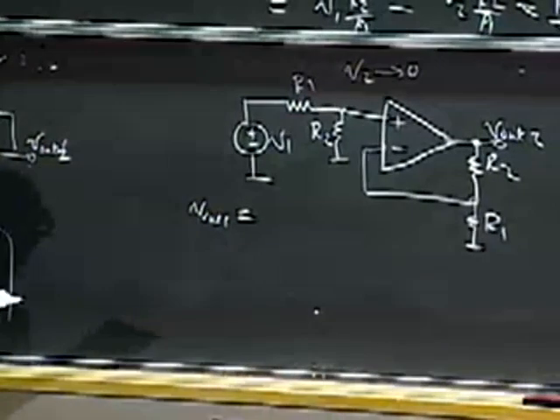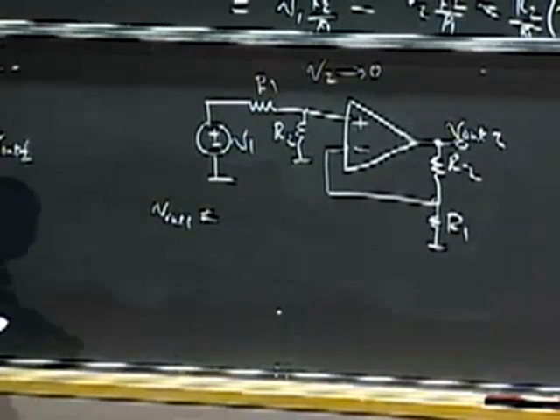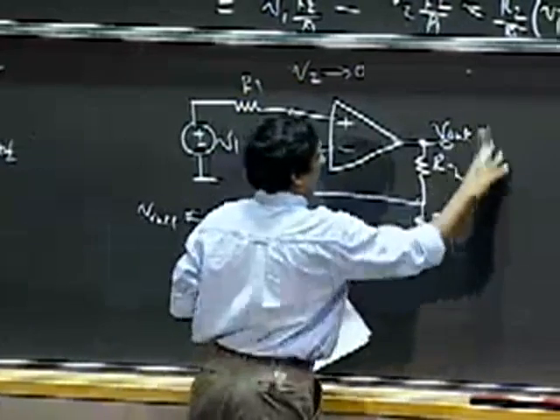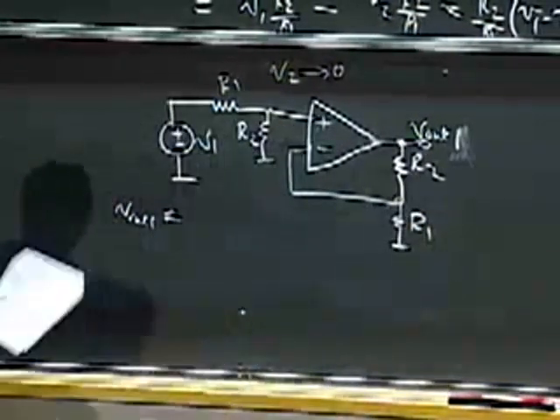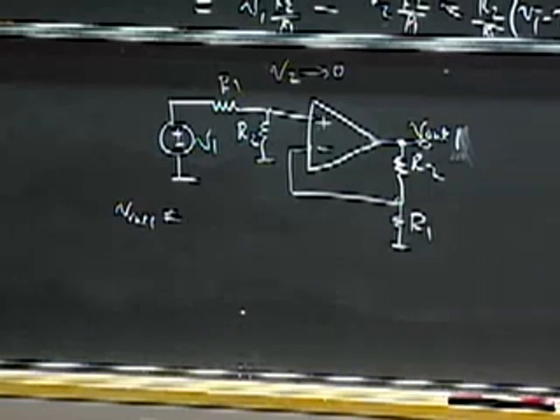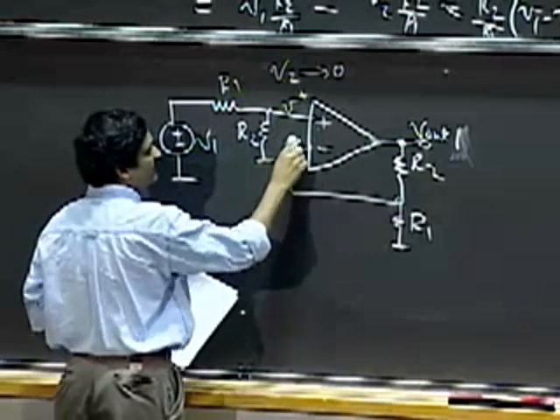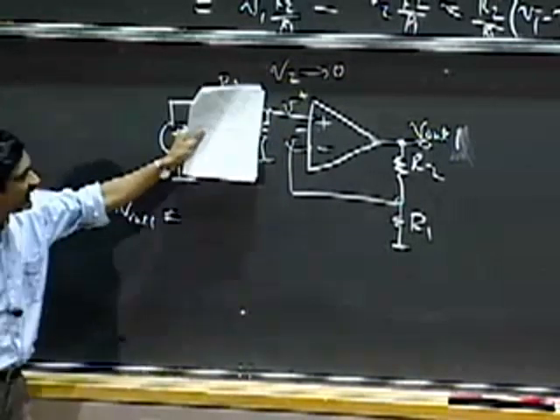So what is V out 1 equal to? I should call this V out 1 because it relates to V1. There's a V plus here.